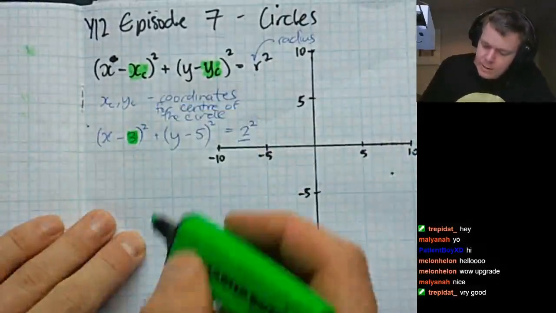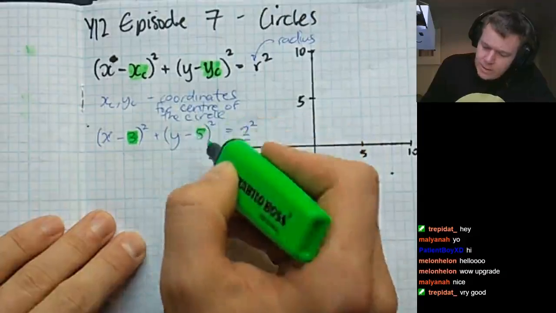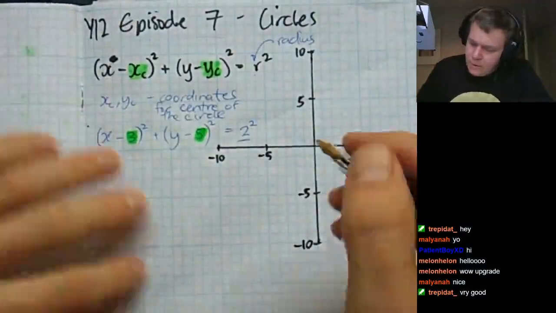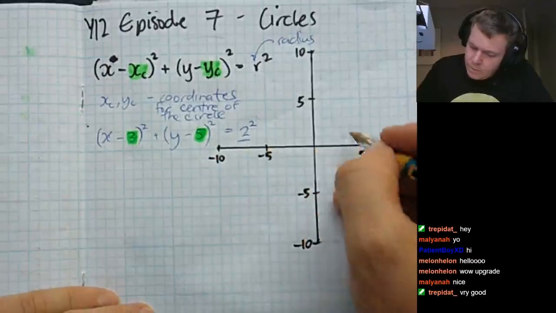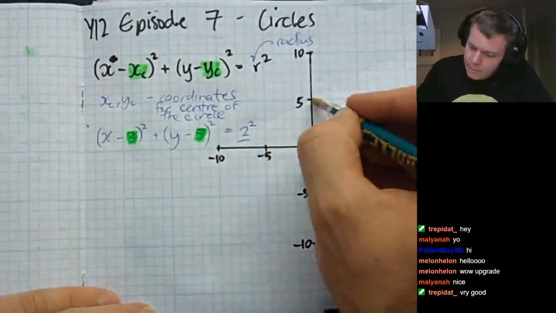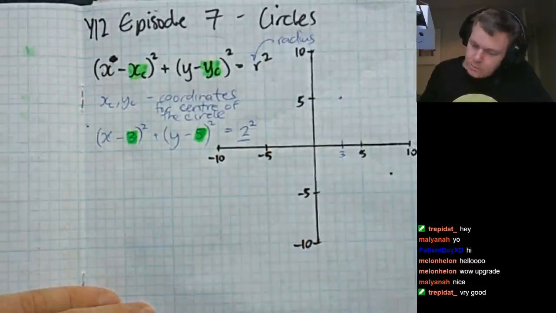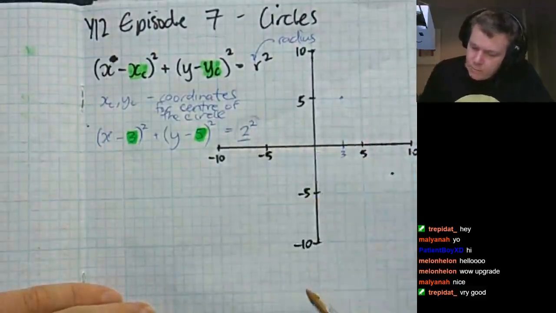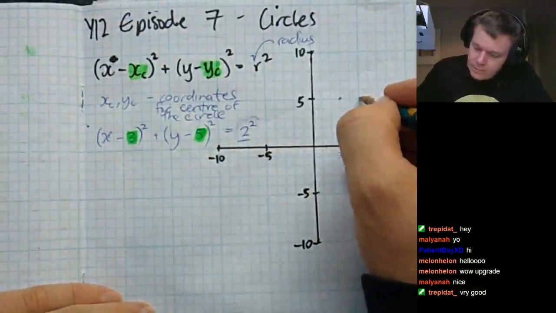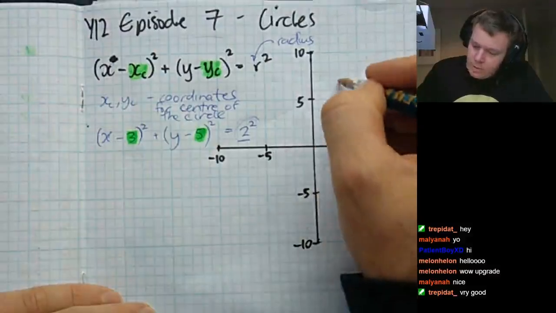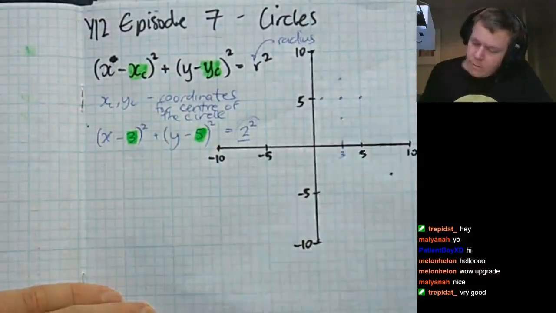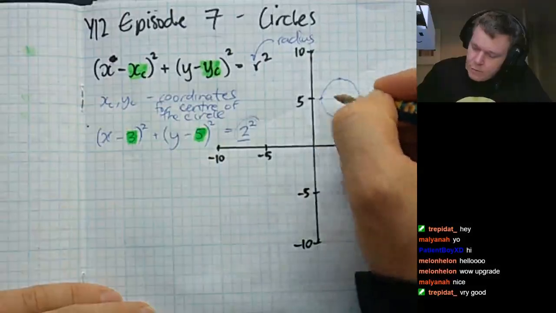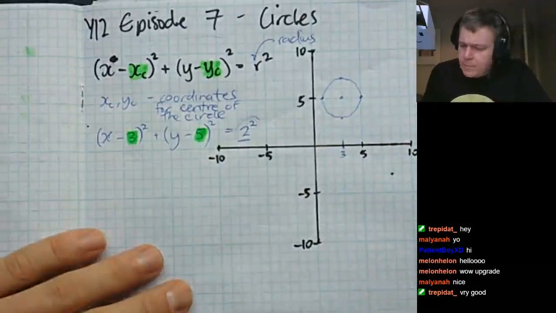That number there is going to be our x coordinate of the center of the circle, and that is going to be our y coordinate of the center of the circle. So 3 along the x and 5 will give us the center of our circle at 3, 5, and our radius is 2. So we get points around there, and you can just draw it in like that. And that's almost all you need to know about circles.